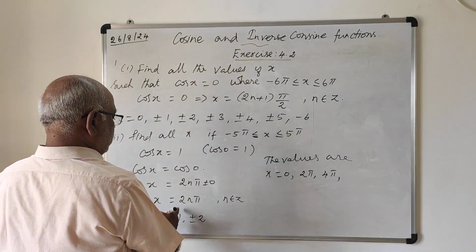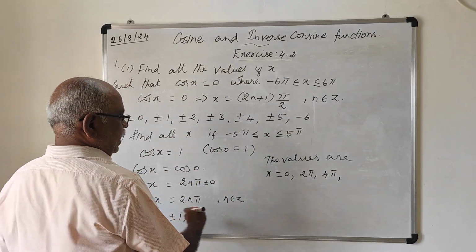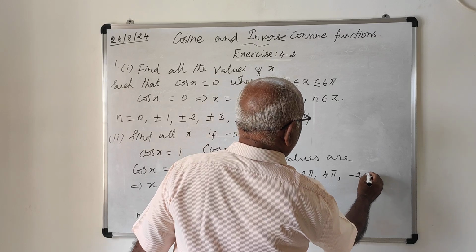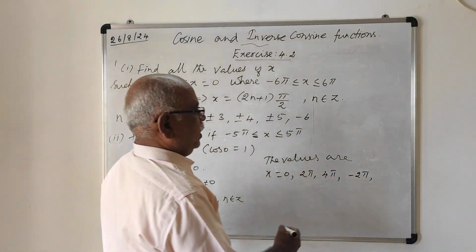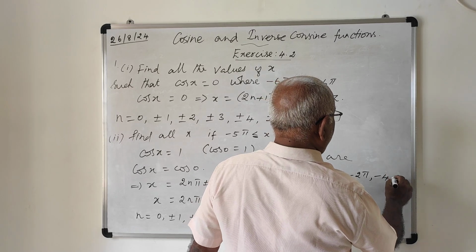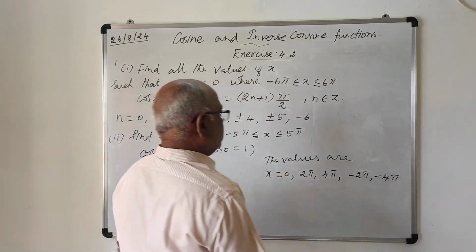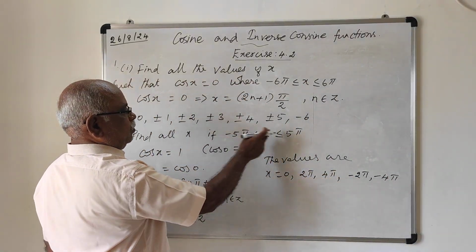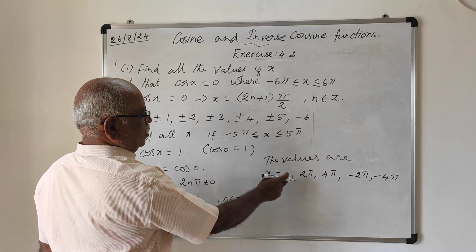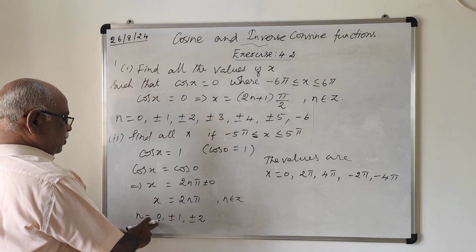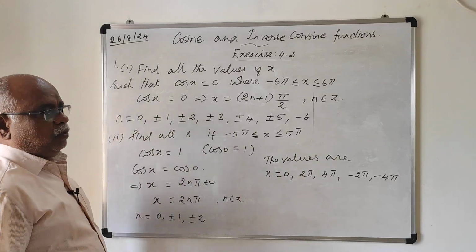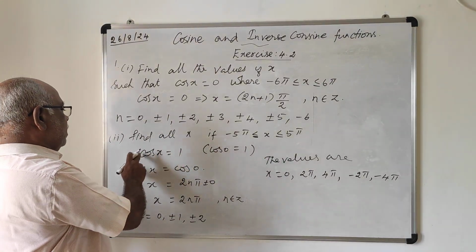When n equal to minus 1, minus 2 pi. When n equal to minus 2, minus 4 pi. So these are the x values in the given interval minus 5 pi to plus 5 pi, where x equal to 0, 2 pi, 4 pi, minus 2 pi, minus 4 pi, where n takes the values 0, plus or minus 1, plus or minus 2 only. So that's all about this problem.